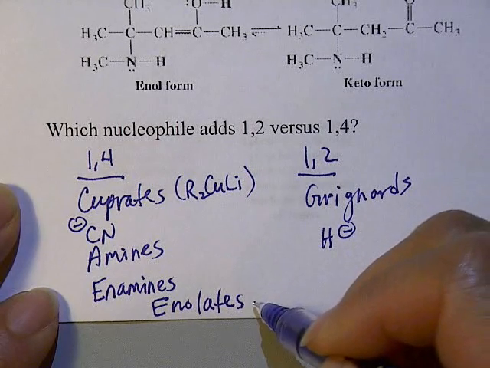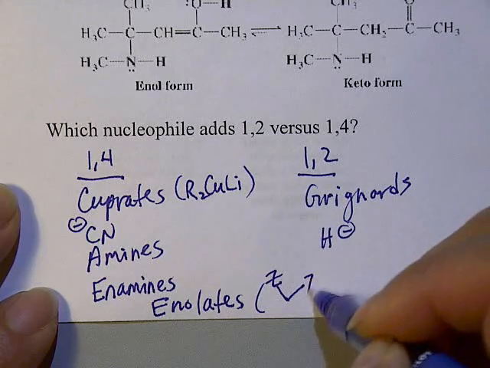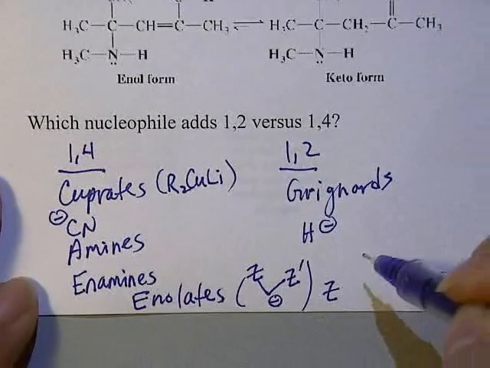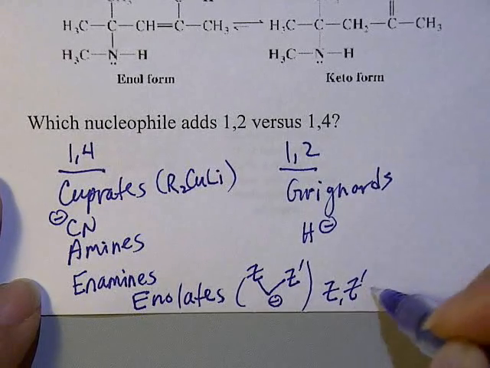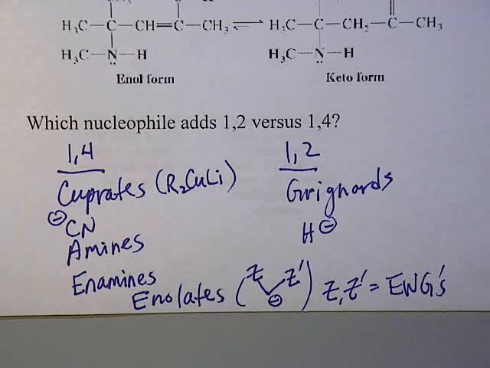So the enolate has to come from a doubly stabilized enolate, where the Z and Z prime are electron withdrawing groups. So for example, what you just learned with malonic ester enolate would be classified under this, or the acetoacetic ester would also qualify for this.